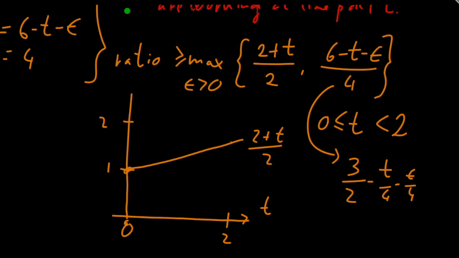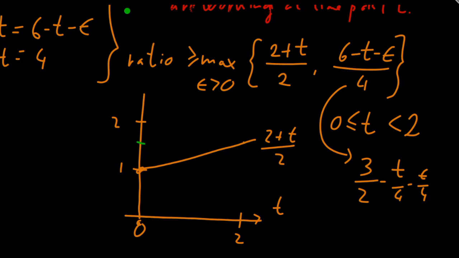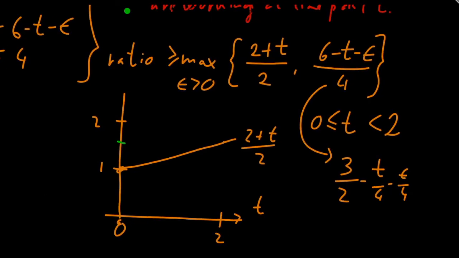So 3 over 2 starts here, great, minus t over 4, so at t equals 2, it will be 1, yeah, the previous one will be 2, sorry for that.